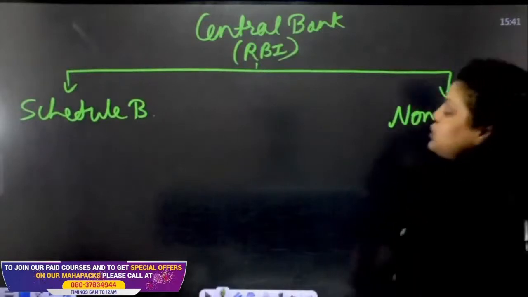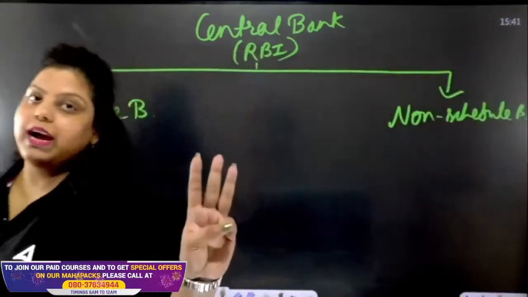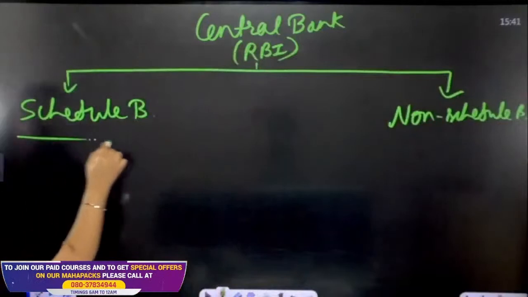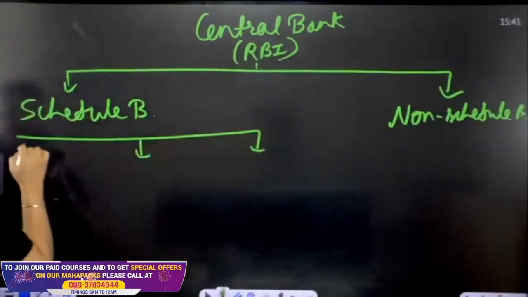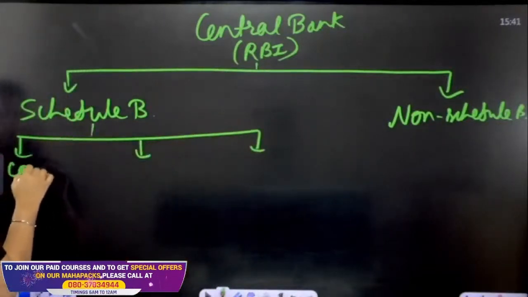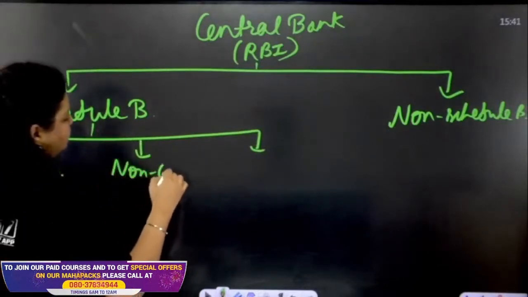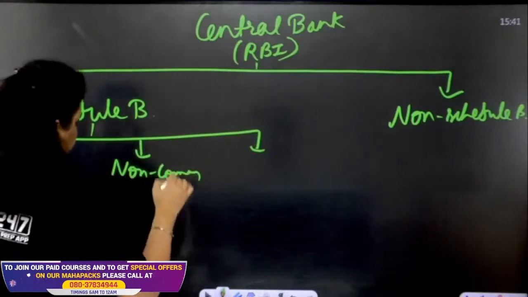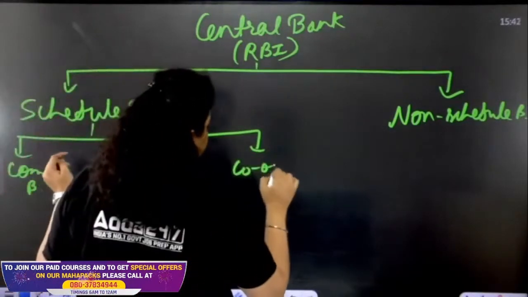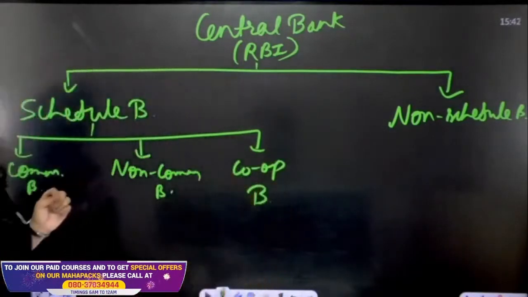Okay. Now the scheduled banks are further divided into 3 categories: commercial banks, non-commercial banks, and cooperative banks. So these 3 categories have been seen.